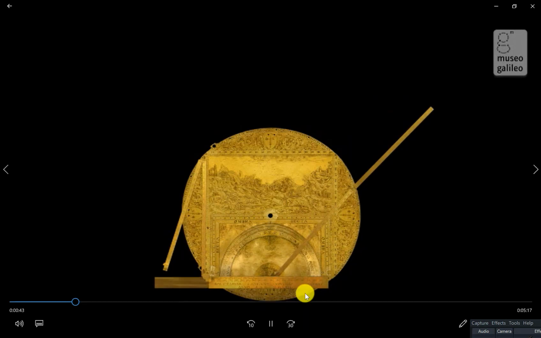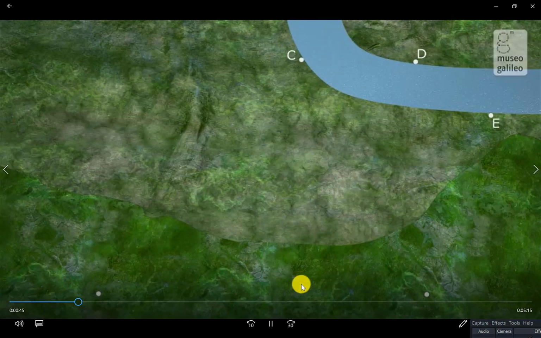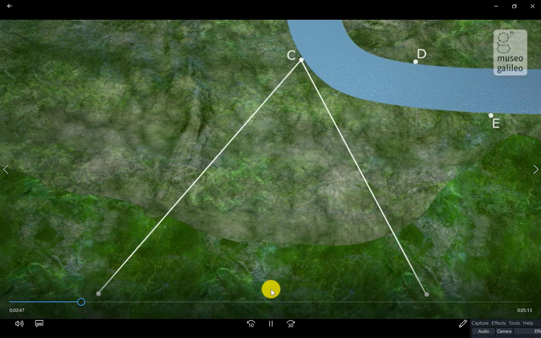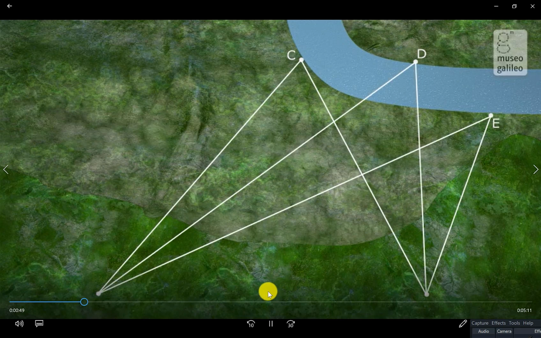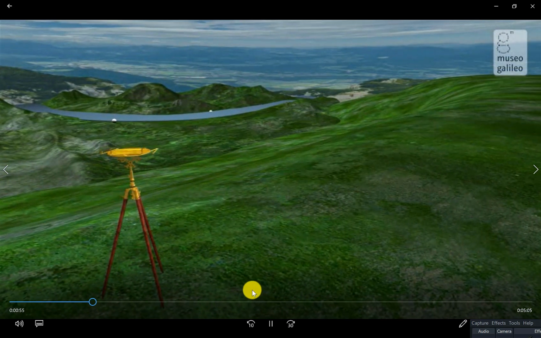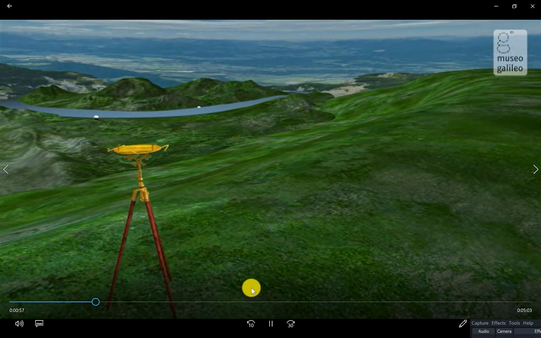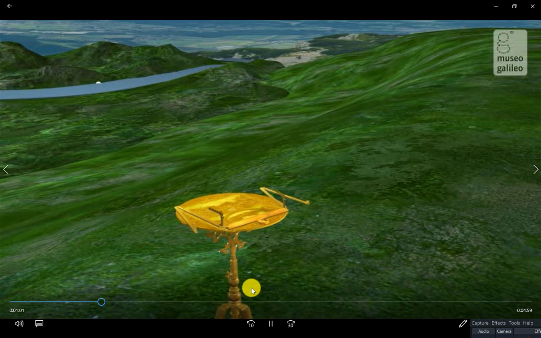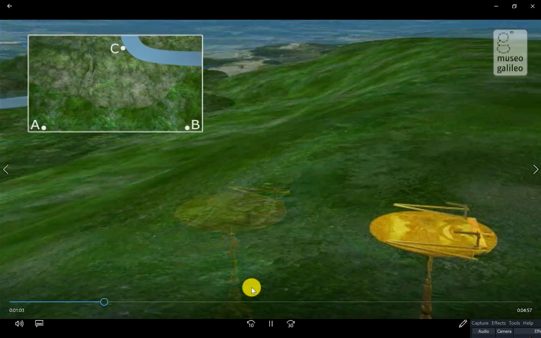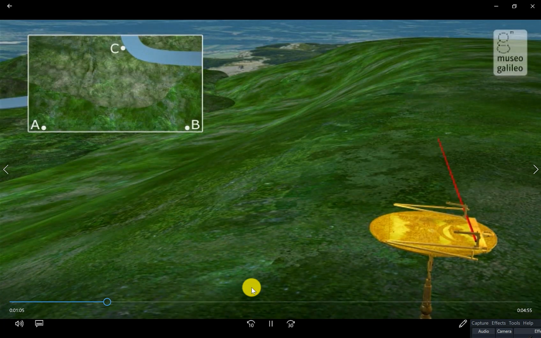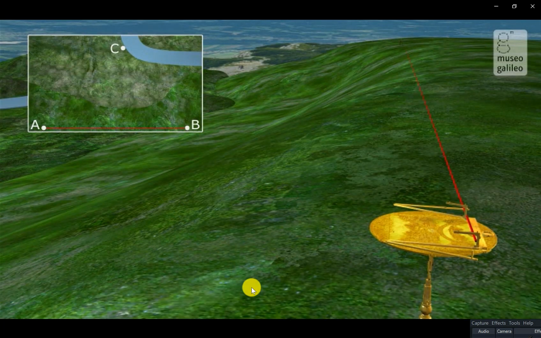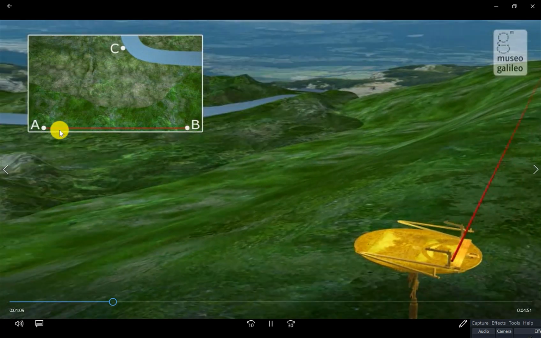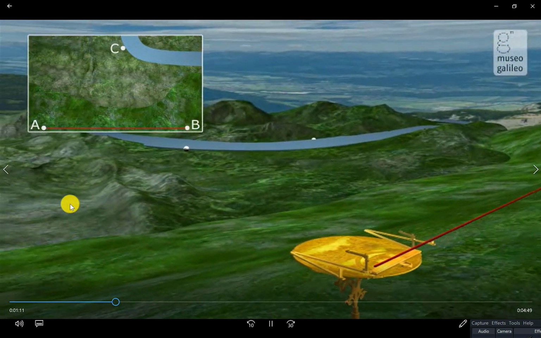A topographic survey can be made by triangulating from two stations where the distance between them is known. Let us consider the surveying of a course of a river from a hilltop. The instrument is positioned at the first station and its sliding bar aligned with the second. We know that the distance between these two station points will be proportional to the distance between the two folding arms on the sliding bar.